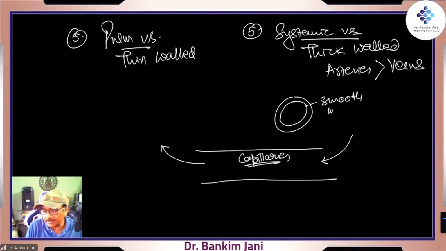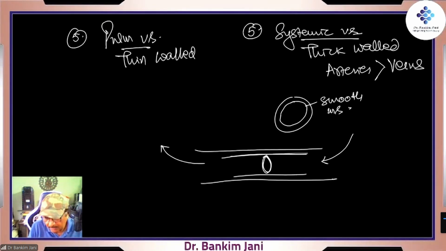When these muscles contract, the caliber or bore of this particular vessel becomes small. So who will be experiencing the pressure? If this size has become smaller, obviously the systemic side will experience the pressure.